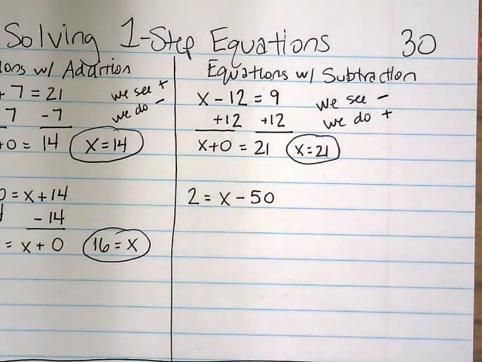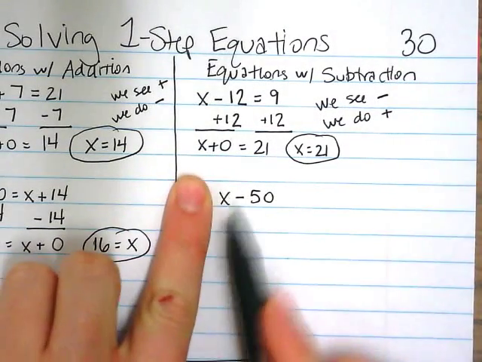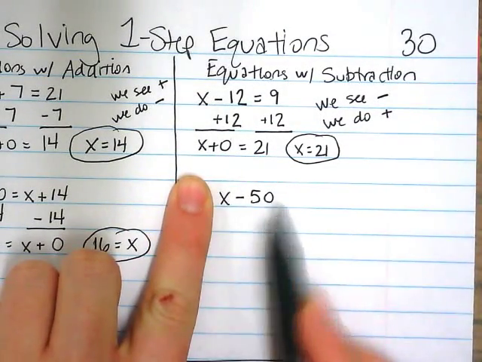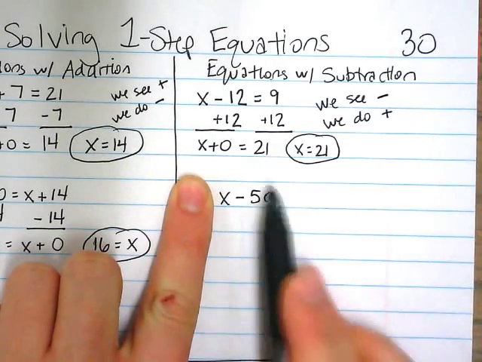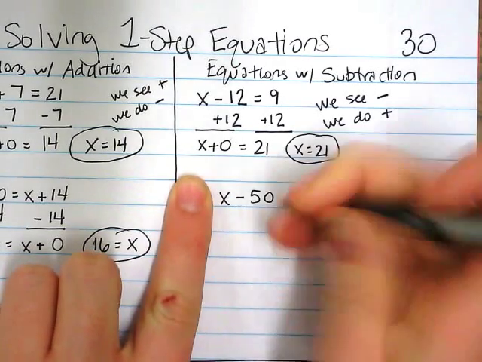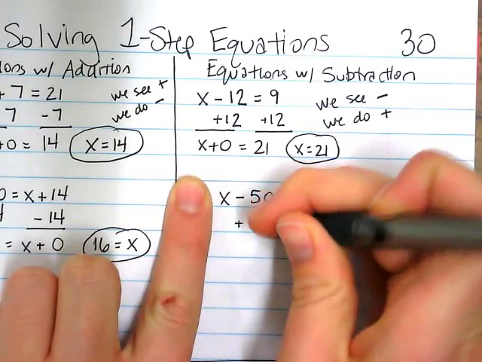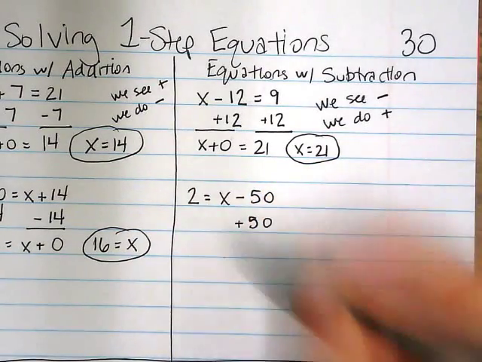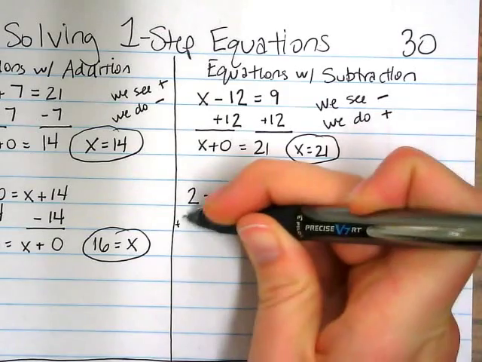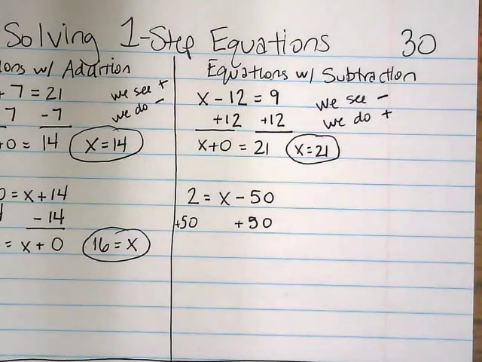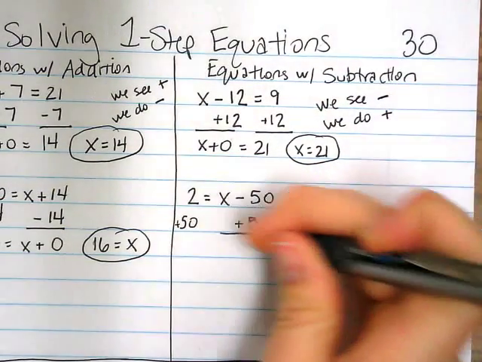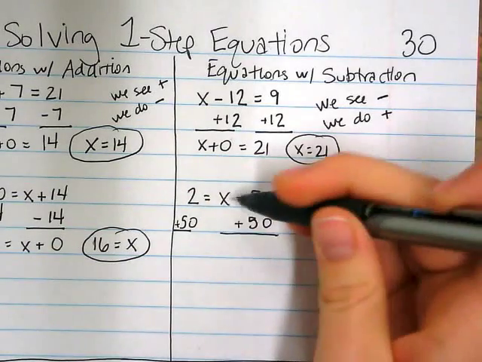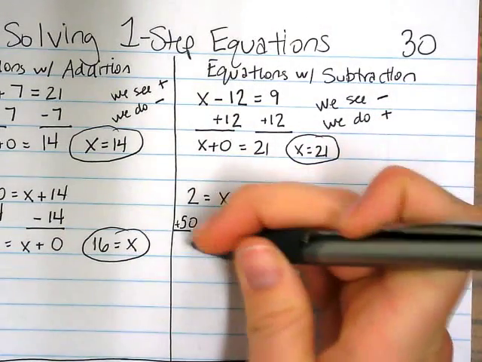So as usual, I want to get this x all by itself, so I need to get rid of this 50. To get rid of a minus 50, I'm going to add 50 to that. Since I added 50 to this side, I've got to add 50 to that side. Okay, on this side, 50 plus 2 is 52.